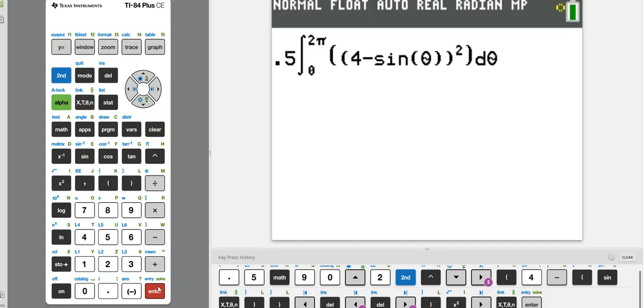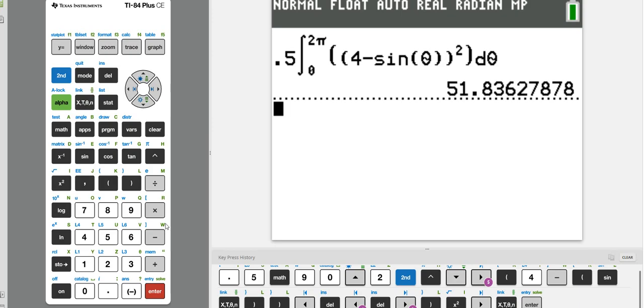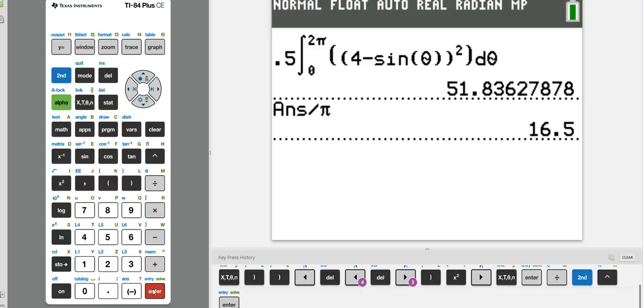And bam. Now that's looking kind of ugly. I don't have any idea what it is. But I'm going to try this. Let's divide out the pi, because I'm guessing that there's going to be a pi in here someplace. So if I divide that by pi, oh wow, I get a pretty nice answer, don't I?